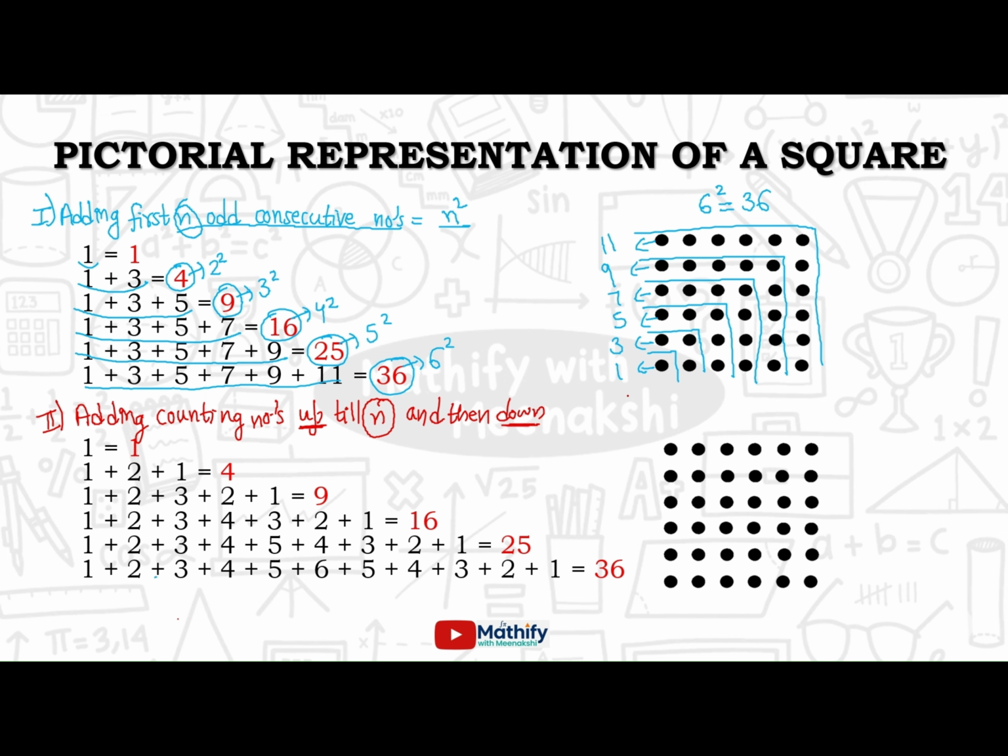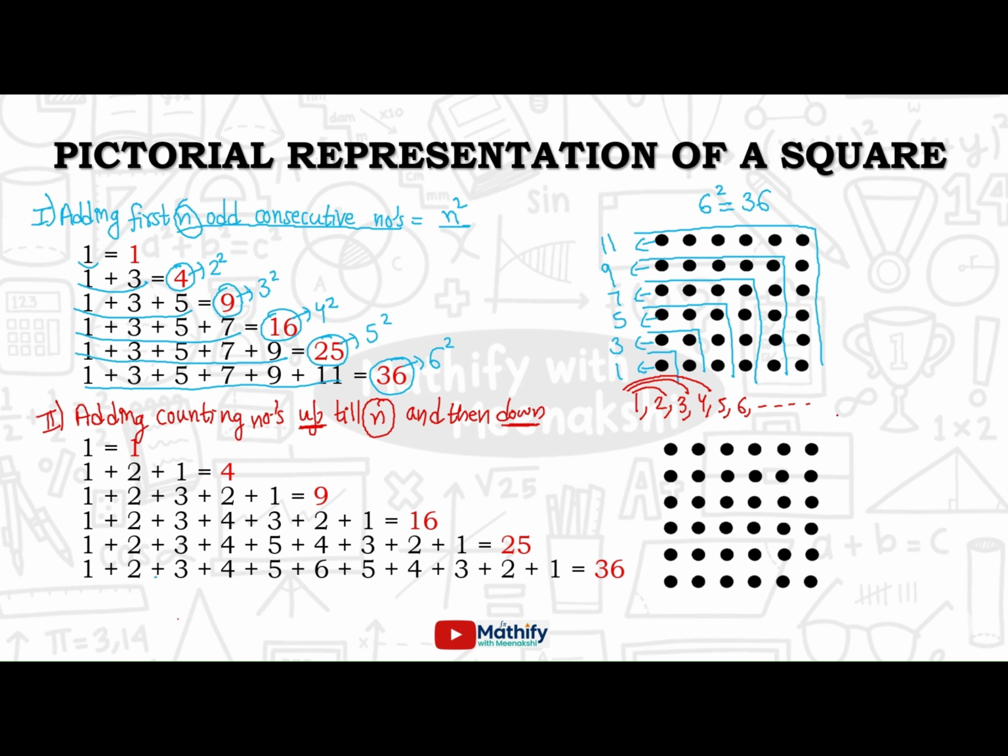First you should know what counting numbers are: 1, 2, 3, 4, 5, 6, and so on. Now what is the meaning of counting up? When we say counting up, in the first step you say 1, then in the second step 1 plus 2. In the third step 1 plus 2 plus 3. In the fourth step 1 plus 2 plus 3 plus 4. That's the meaning of counting up.